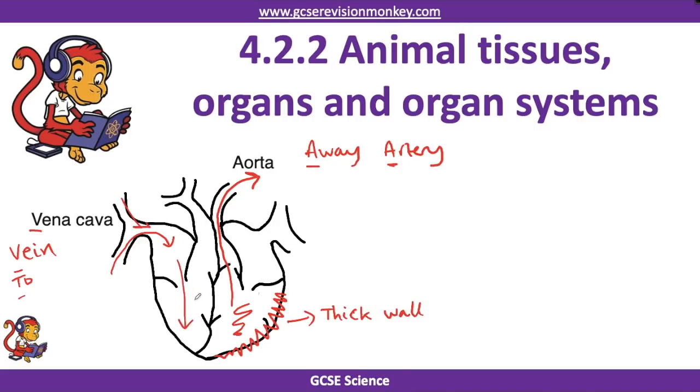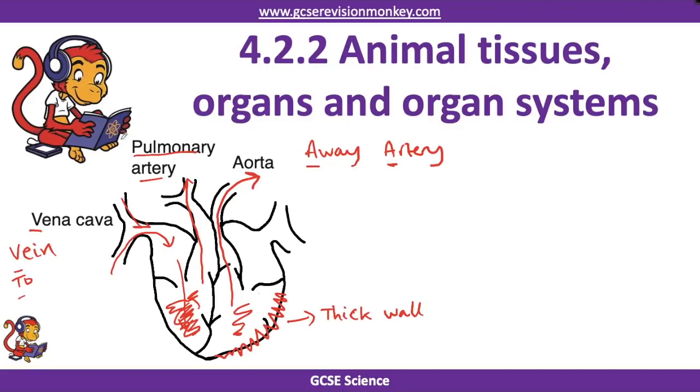But now this blood doesn't have very much oxygen in it because it's given it to the other cells in the body. So the next place the blood needs to go is back up to the lungs, and it does that out of the pulmonary artery. So the blood goes out of the pulmonary artery into the lungs.